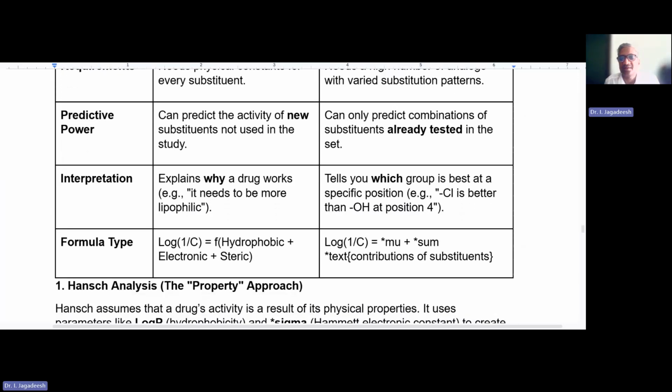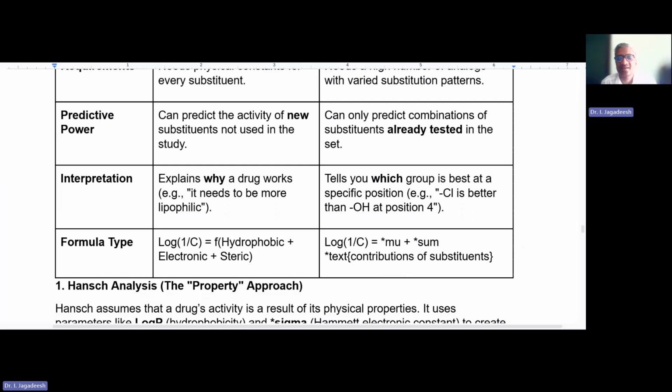In this particular case, both predict why the drug works, whereas Free-Wilson tells which group is best for a specific position for it to work as a drug. Similarly, the Hansch formula is for the prediction of log 1/C, the minimum concentration required to produce the effect, which can be calculated from the hydrophobic constants, the electronic constant, and steric effects.